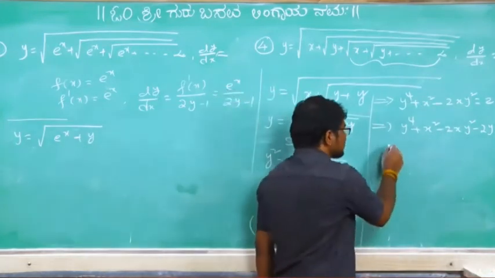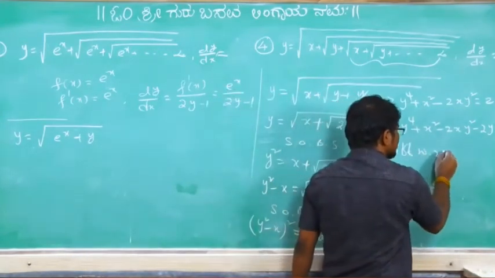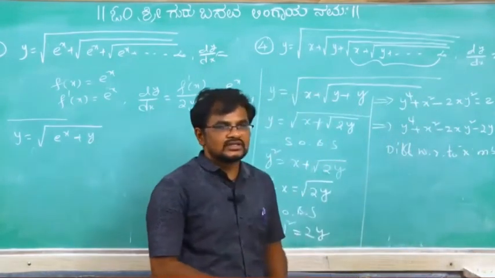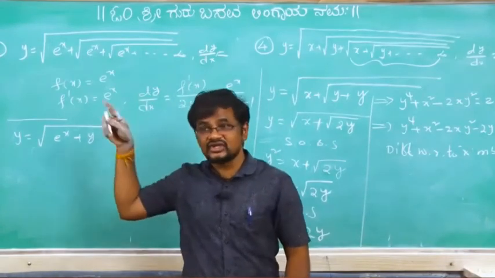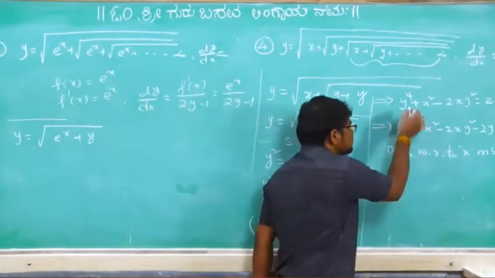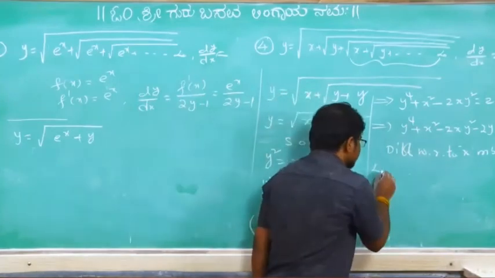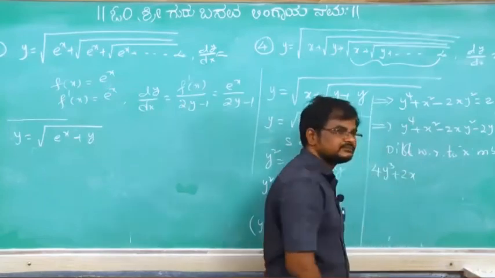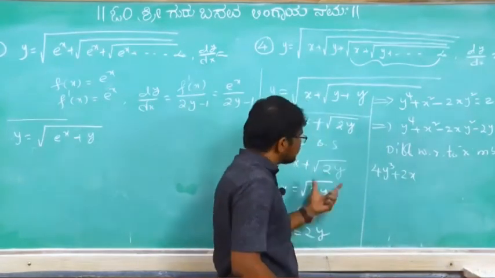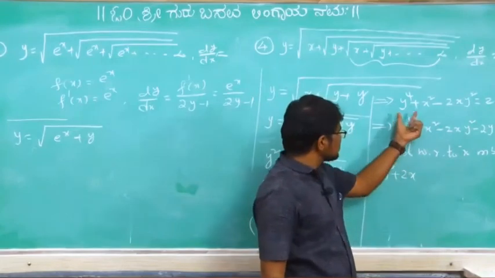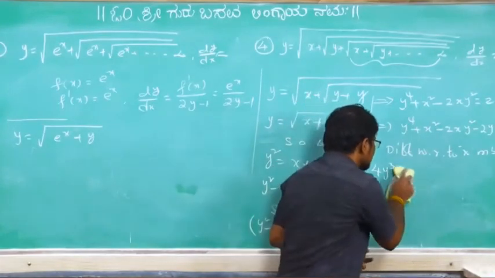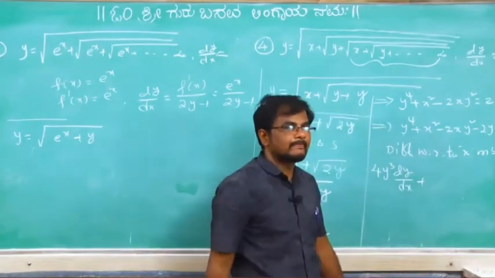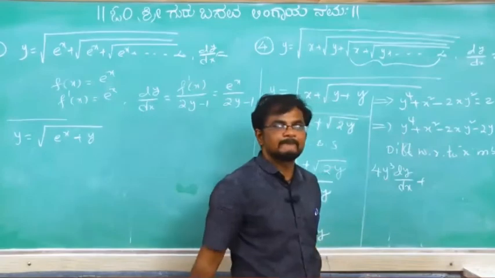Now what we have to do? Differentiating with respect to x on both the sides. Same similar process as in the first type. Differentiation of y to the power of 4 is 4y cube dy by dx, because it is the differentiation of a function of y with respect to x.